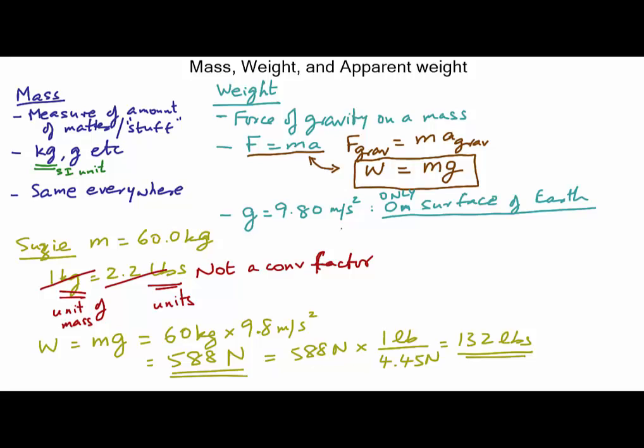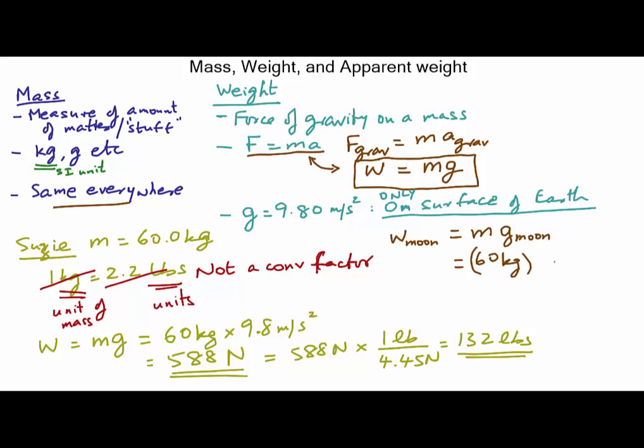So to illustrate that point, let's see what Susie's weight would be if she went to the moon. So F equals ma works everywhere. So her weight on the moon would be her mass times the acceleration due to gravity on the moon. Now one thing about mass is that it's the same everywhere. So her mass is still 60 kilograms.